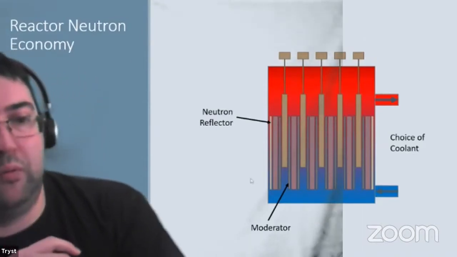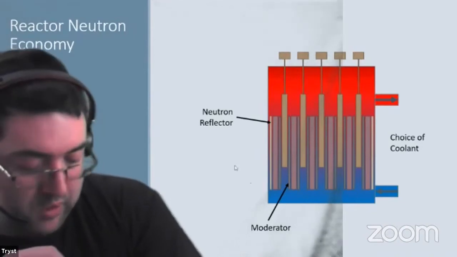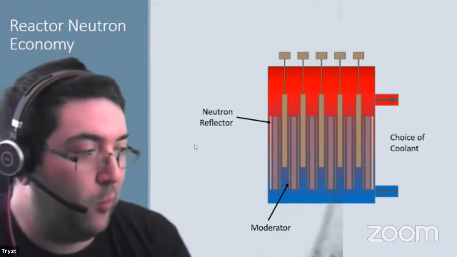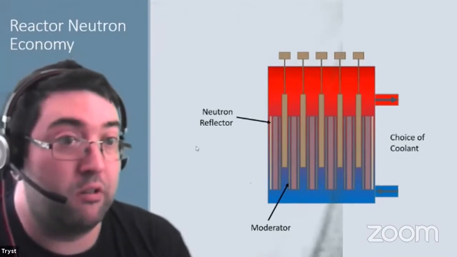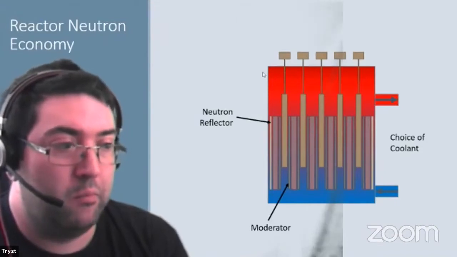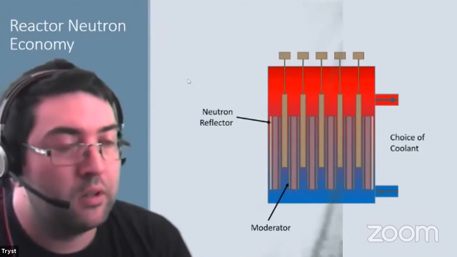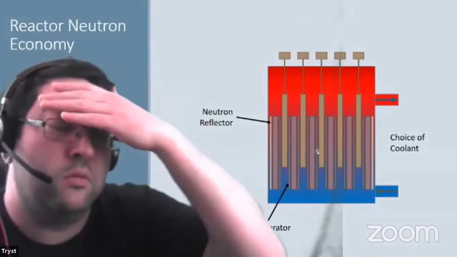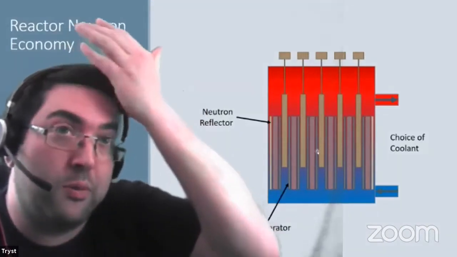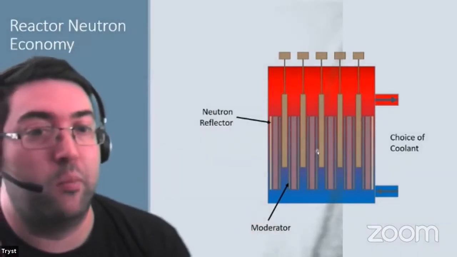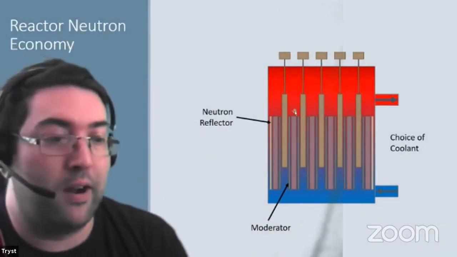And this is important because uranium, when you dig it out of the ground, is about 0.7% uranium-235, which is useful as reactor fuel, and 99.3% uranium-238, which is not as useful. So your neutron economy in your reactor really defines whether you can burn natural uranium or whether you have to enrich your uranium.